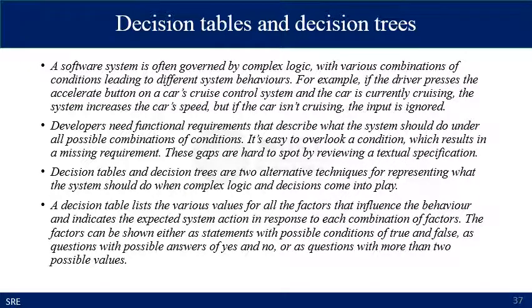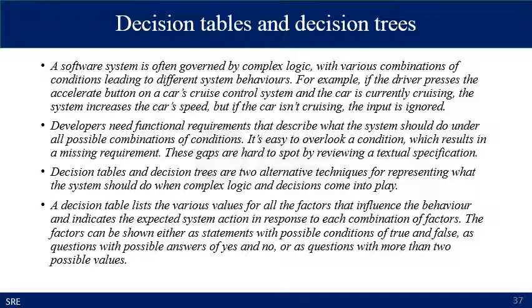Our software system is often governed by complex logic with various combinations of conditions leading to different system behaviors. For example, if the driver presses the accelerate button on a car cruise control system, and the car is currently cruising, the system increases the car speed, but if the car is not cruising, the input is ignored.